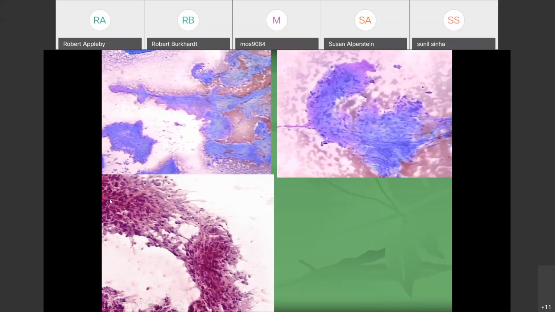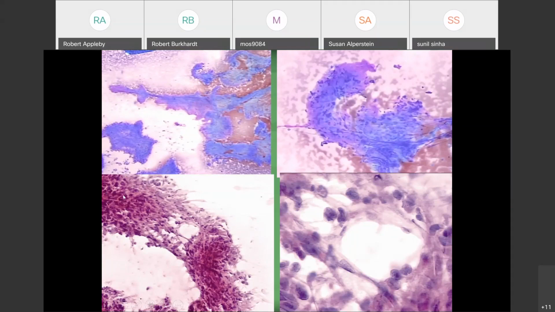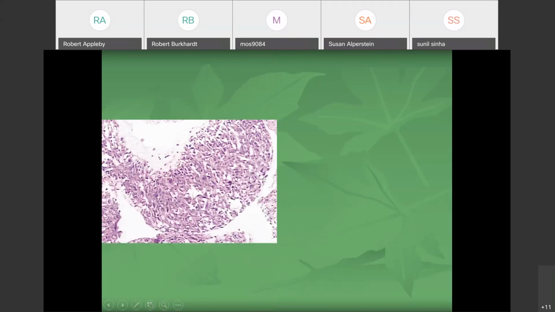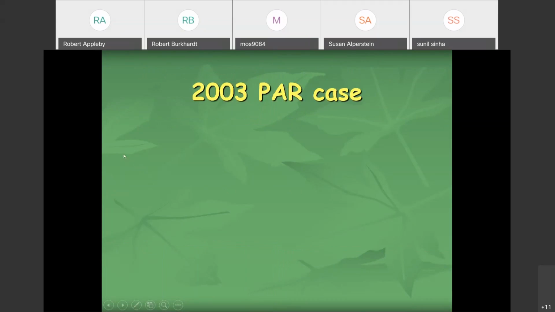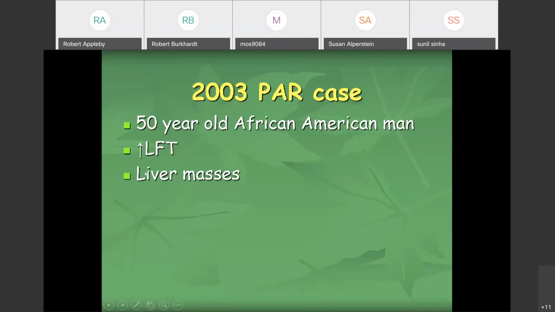It's very difficult to recognize. You need cell block. Here's the cell block. So cell block shows the angiosarcoma.